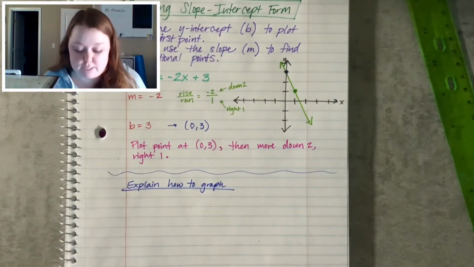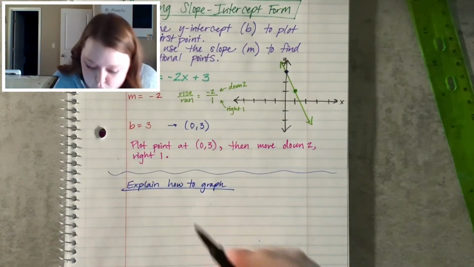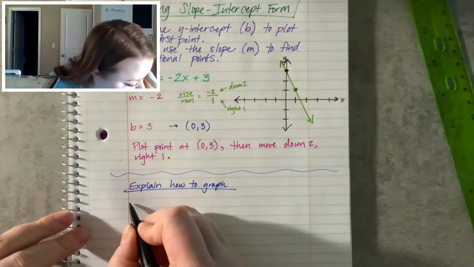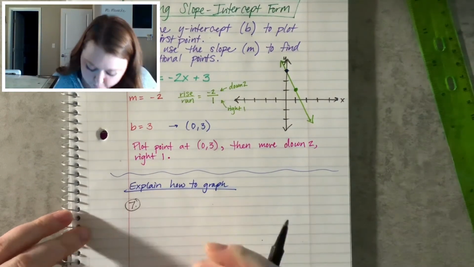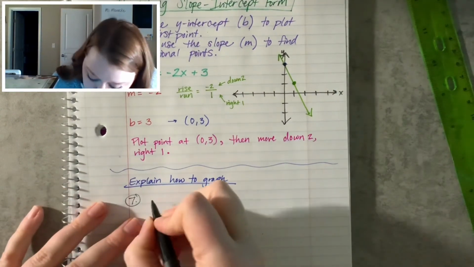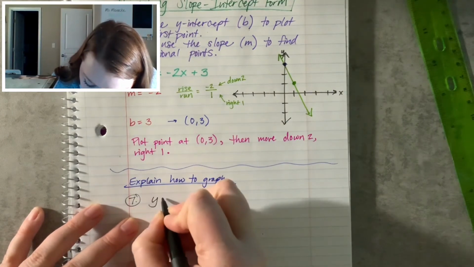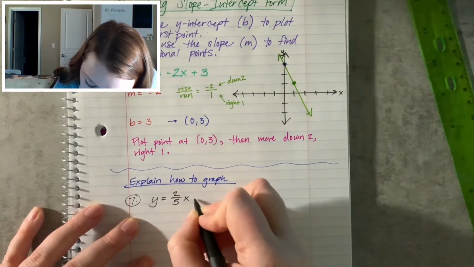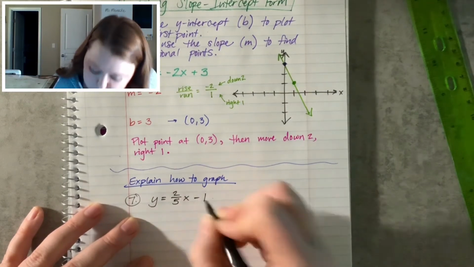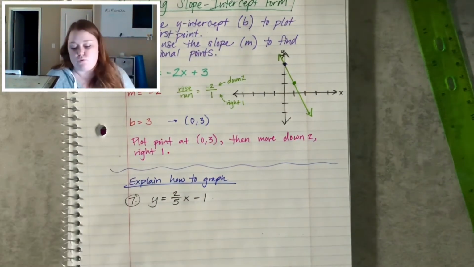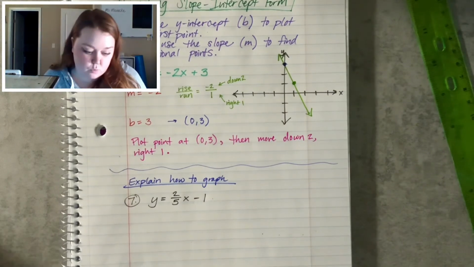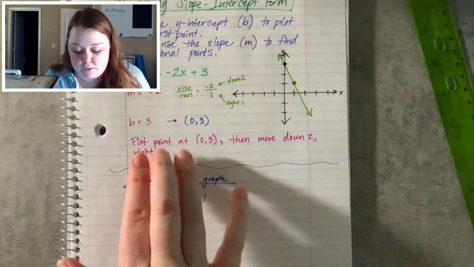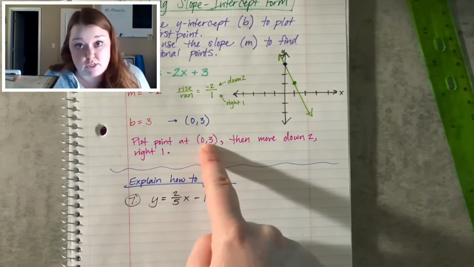Okay, so it's a sentence just like this. So let's say we're going to call this number 7. Okay, so if your equation was y equals 2/5 x minus 1, we're going to explain how to graph. So we're going to start with our y-intercept. That's your starting point.